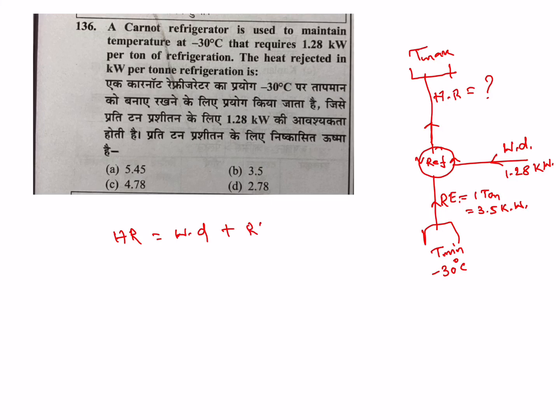Work done is how much? 1.28 and refrigerating effect per ton of refrigeration. So it's 1 ton or 3.5 kilowatt. How much you will get? 4.78 kilowatt. 4.78. C is your correct answer.